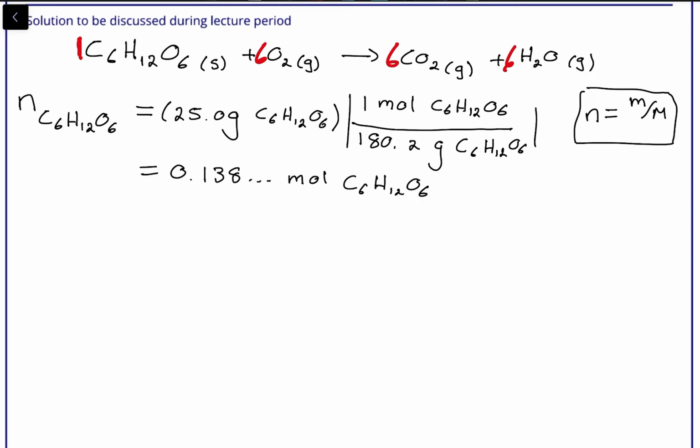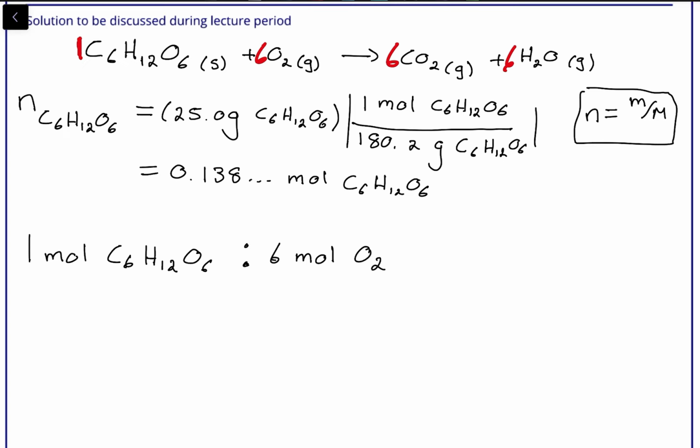So I have a kind of hybrid method of writing that. So I like to say, well, our chemical equation tells us that 1 mole of glucose, C6H12O6, has a ratio to react with 6 mole of O2, right?